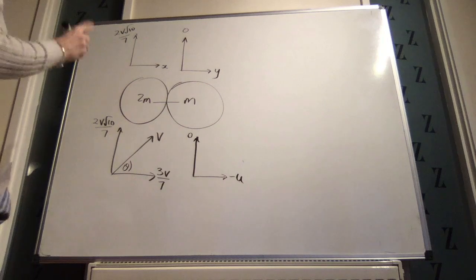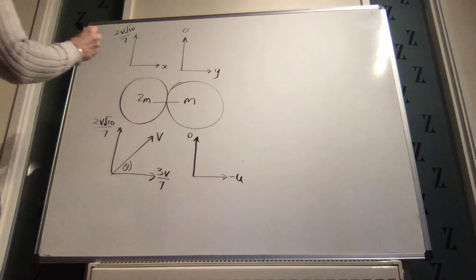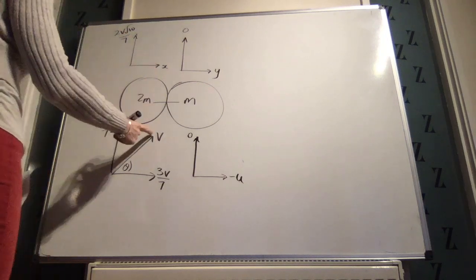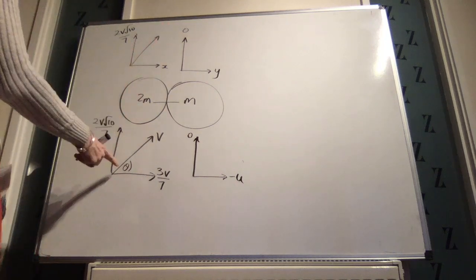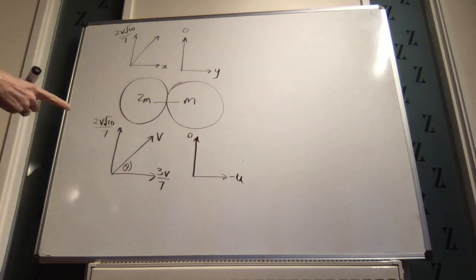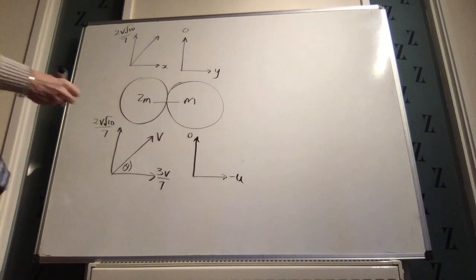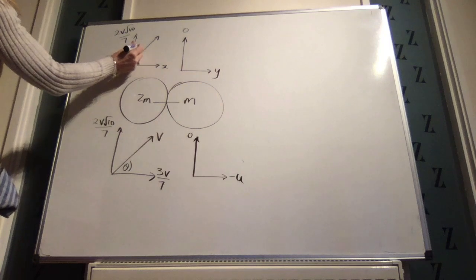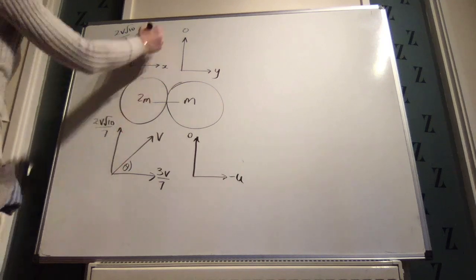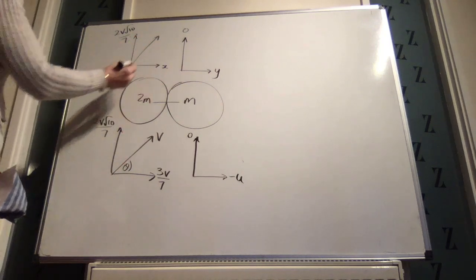Right, so we'll do our normal first. We are told that the velocity afterwards is perpendicular to the velocity beforehand, or that they are deflected through an angle of 90 degrees. So in other words, this line is perpendicular to this line if we drew it out properly.